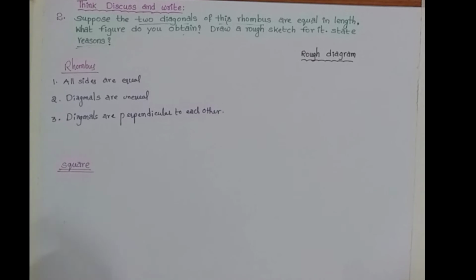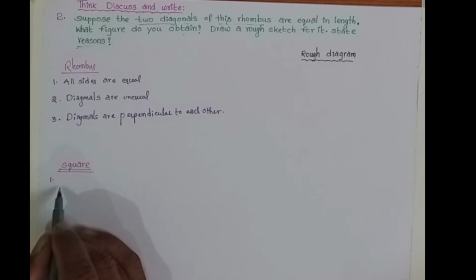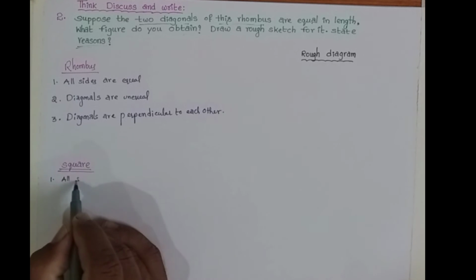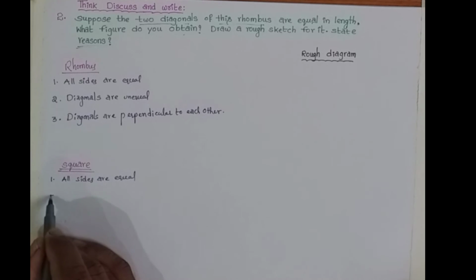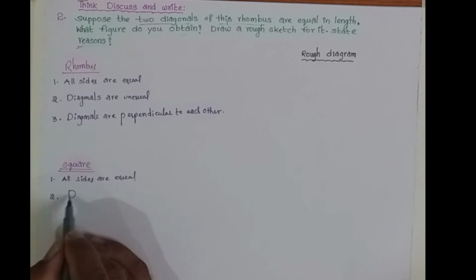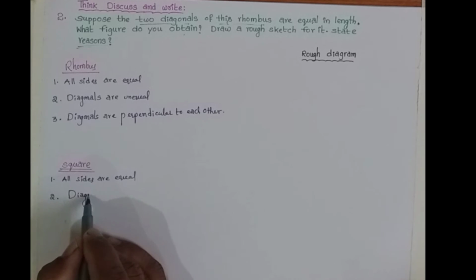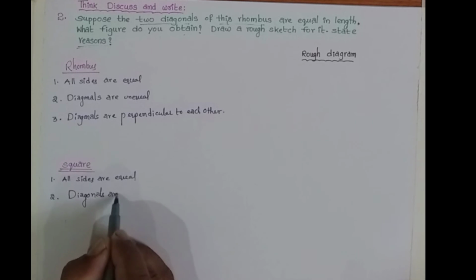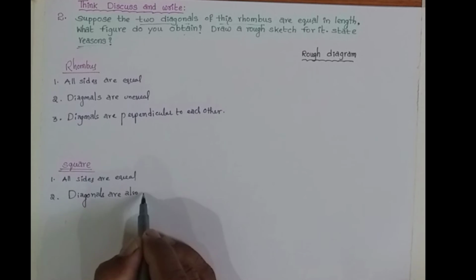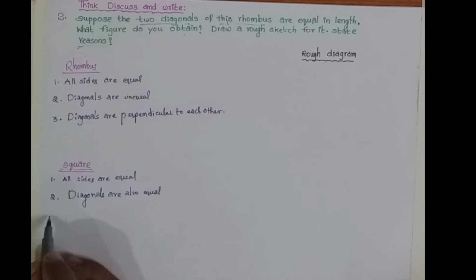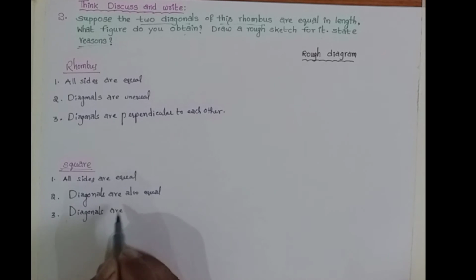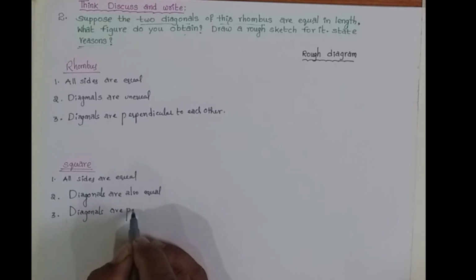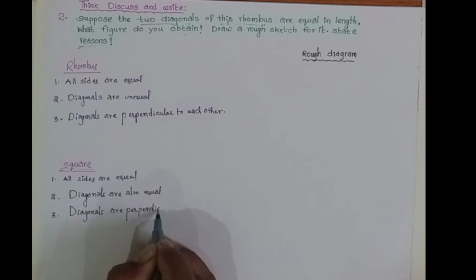These are the properties of rhombus. Consider the properties of square. In a square, all sides are equal and diagonals are also equal. And third point, diagonals are perpendicular to each other.